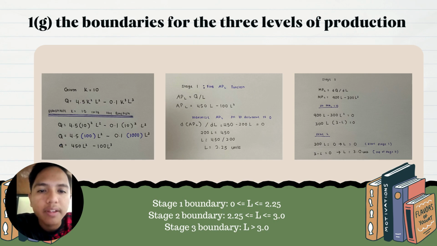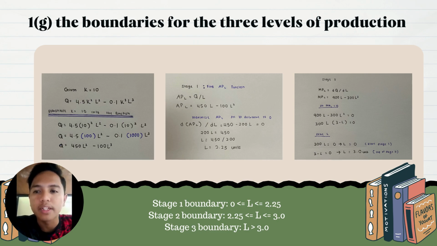To maximize this APL function, we take its first derivative with respect to L, which gives us d(APL)/dL equals 450 minus 200L, and we set it equal to 0. Solving the linear equation, 200L equals 450, which gives us L equal to 450 divided by 200, resulting in a value of L equal to 2.25 units.